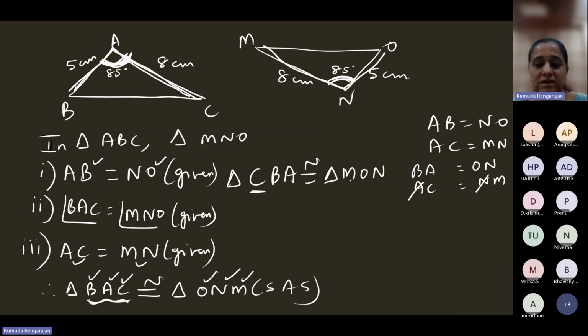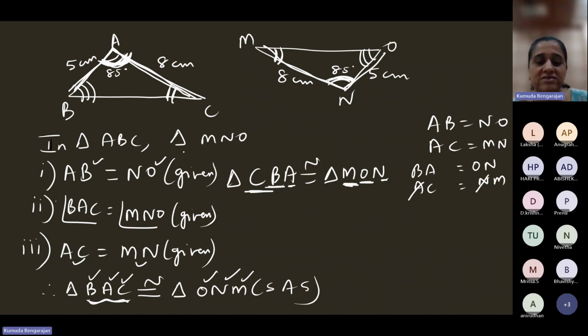See here, angle C is equal to angle M. This one is angle C, will be equal to angle M. Angle B is equal to angle O. Angle A is equal to angle N, that we already had. We only knew A is equal to N. We didn't know about the others. Now that the triangles are congruent, their remaining unknown corresponding parts will also be equal.